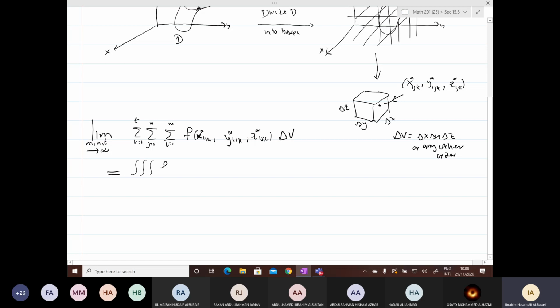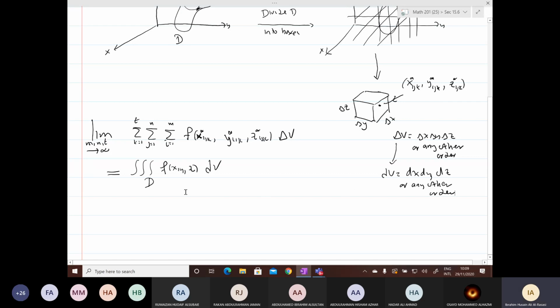The function of x, y, z. Delta v becomes dv over D. What is dv? You change delta to d, so it will be dx, dy, dz, or any other order.